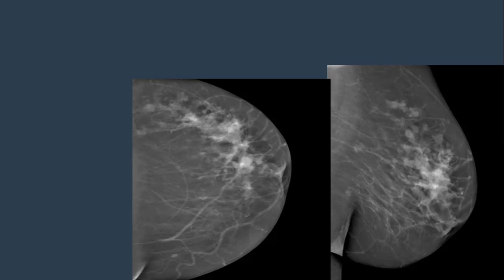Before nipple retraction, look at the medial breast, the lateral breast, the inferior and the upper breast. Her breast is almost fatty. That means what I have seen here is an abnormality.